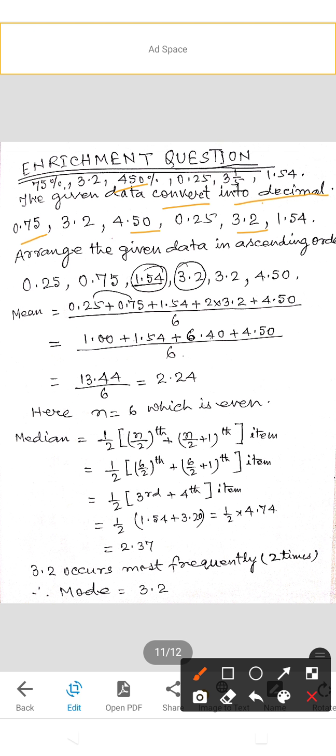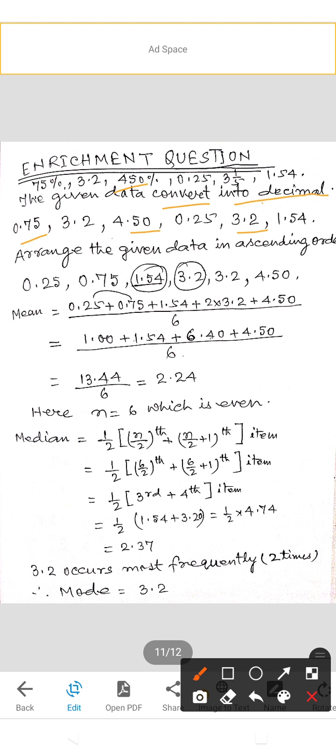Therefore, the mean equals the sum of all observations divided by the total number of observations, equal to 0.25 plus 0.75 plus 1.54 plus 2 multiplied by 3.2 plus 4.50, which is 0.25 plus 0.75 equal to 1, and 1.54 plus 2 multiplied by 3.2 equal to 6.50, plus 4.50, all divided by 6, equal to 13.44 by 6, equal to 2.24.